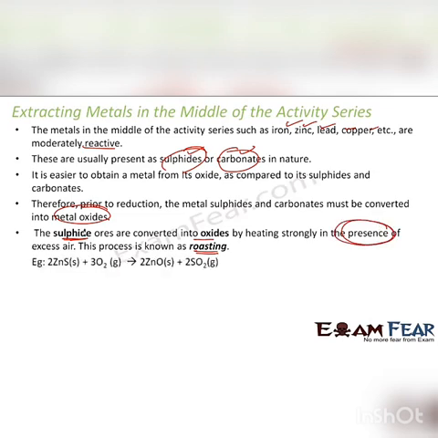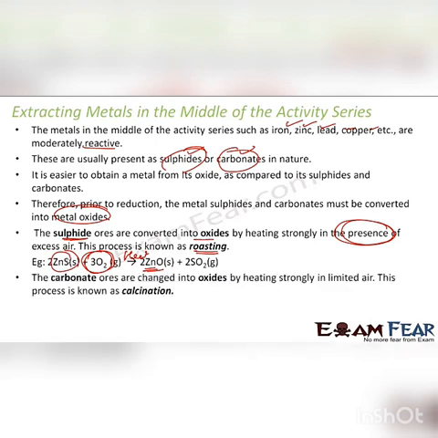So you have this zinc sulfide. You need a lot of oxygen, because a lot of oxygen is required. You heat this, you get zinc oxide. And this process is called roasting, right? Roasting a sulfide to oxide in the presence of oxygen. Then you have carbonate ores. Carbonate ores can also be converted into oxides by heating in the presence of limited air.